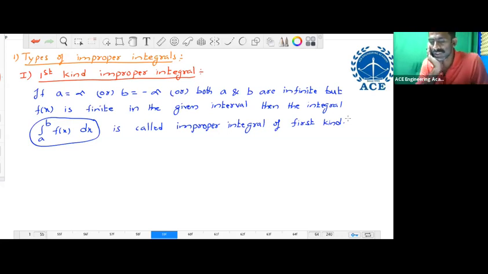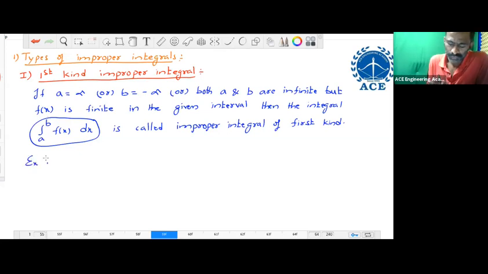What is the condition for first kind improper integral? Function should be finite, but limits may be infinite. F of x is finite, any one of the limit is infinite, or both are infinite. So only limits are infinite, but function is finite. That is first kind improper integral.